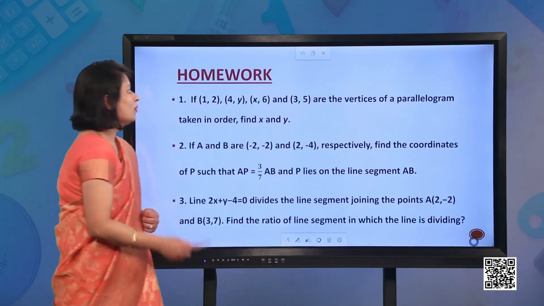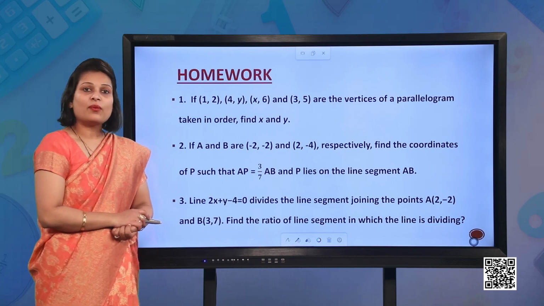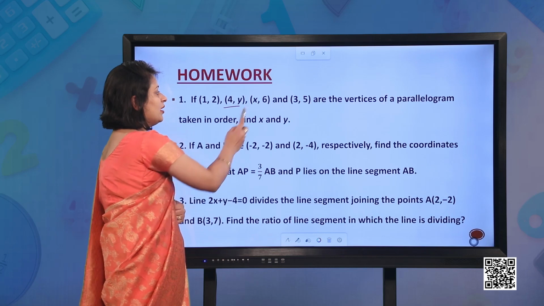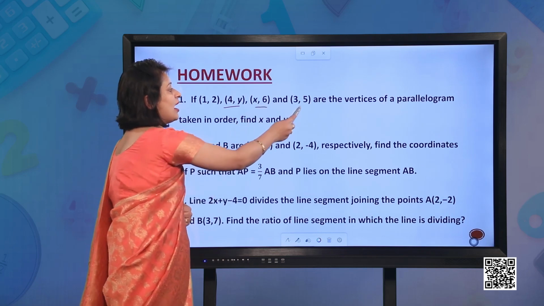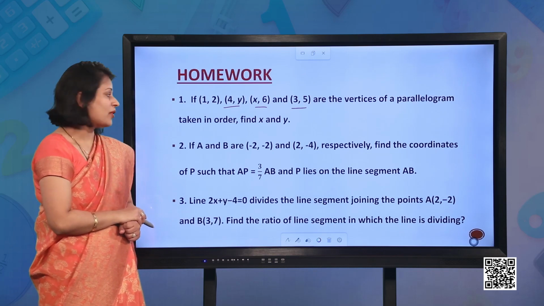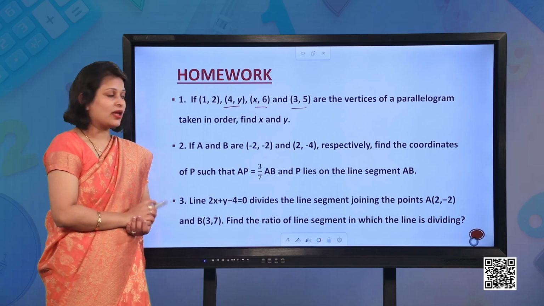Now this is your home assignment. First one, if (1, 2), (4, y), (x, 6) and (3, 5) are the vertices of a parallelogram, taken in order, find x and y.